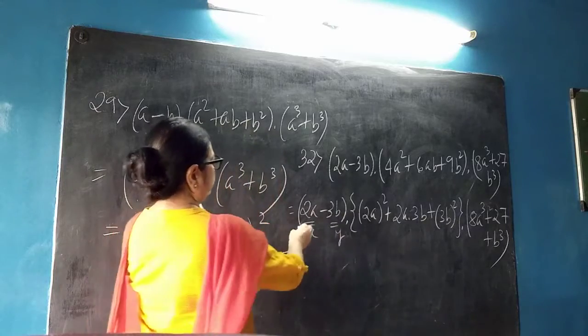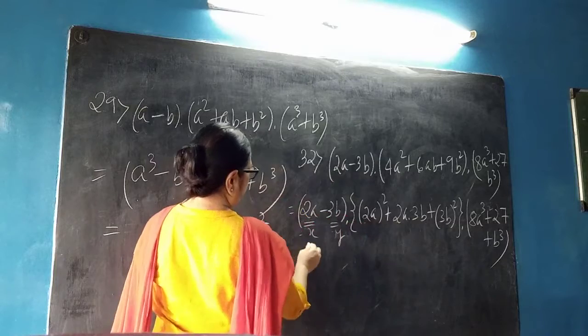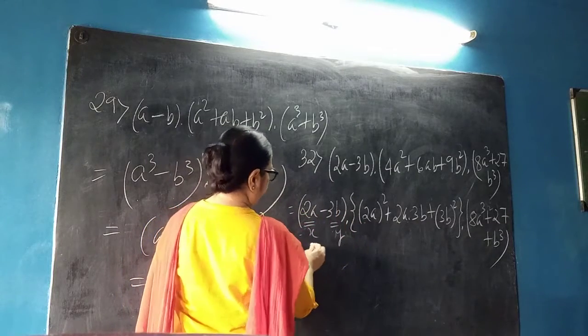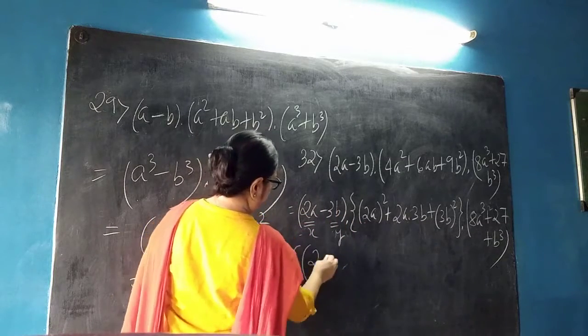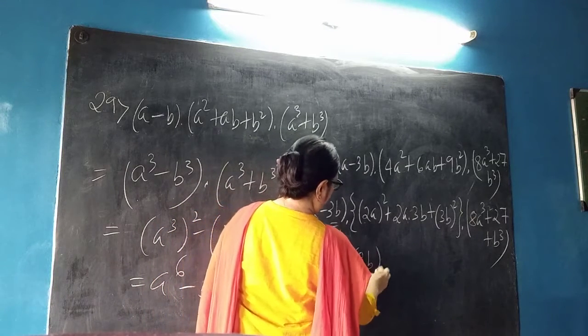So we can write x minus y into x square plus xy plus y square. So it is in the form of x cube minus y cube. That means it is in that form, 2a cube minus 3b whole cube.